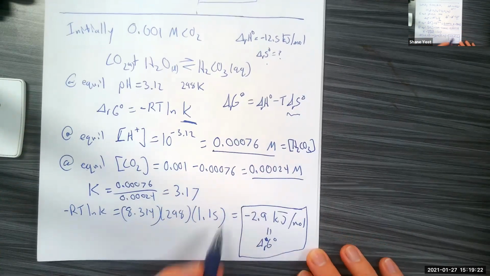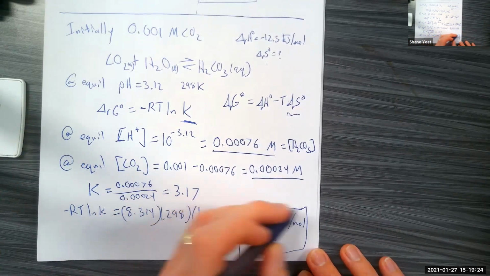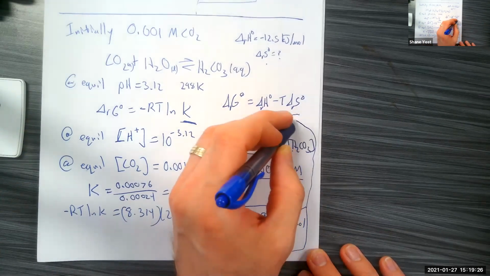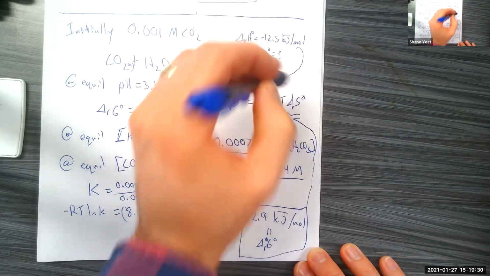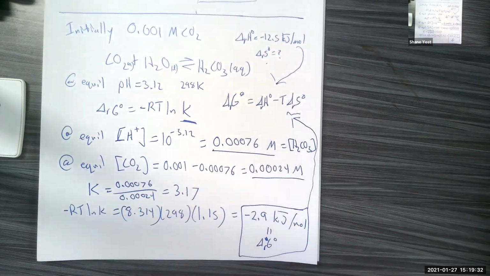Once I have that, I can plug this back in here with the delta H of the reaction to find out what delta S is for the reaction. And then in terms of the question about it being spontaneous or not, this reaction is currently spontaneous. Delta G naught of the reaction is negative 2.9 at 298 Kelvin, so it's spontaneous at 298 Kelvin.